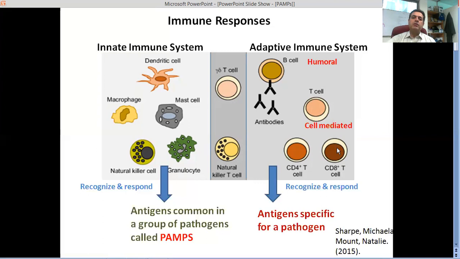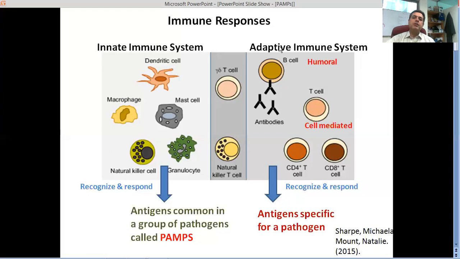So the cytotoxic T cells can either directly go and kill the cells that are infected, or they can also take the help of antibodies and kill the infected cells. So both of these cells, the helper T cells and the B cells, are going to recognize highly specific antigens present on the surfaces of different pathogens.